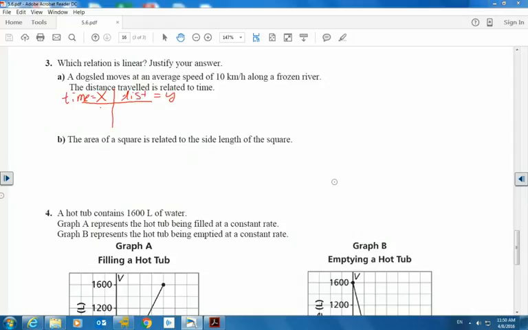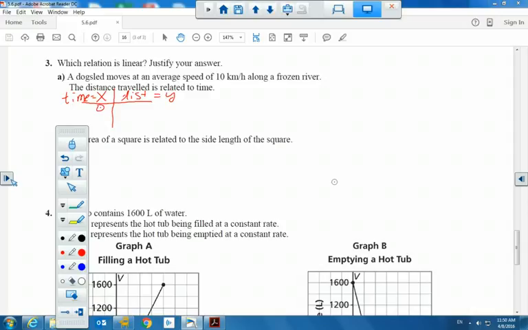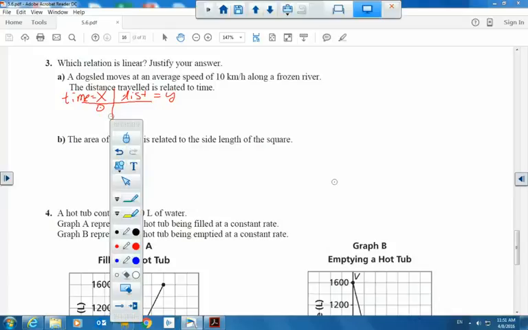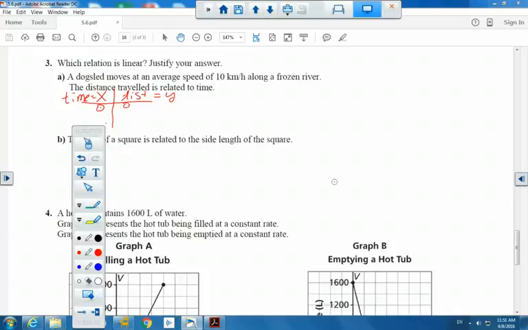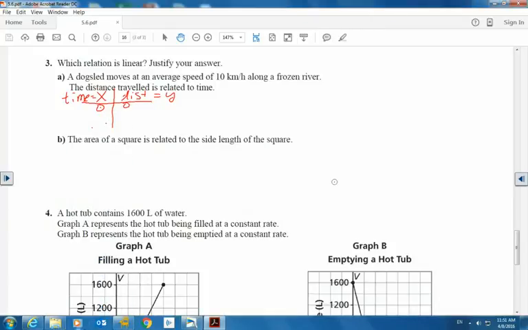All right, so at time 0, how far have we traveled? We've traveled 0. At time equals 1, so after 1 hour, how far have we traveled? 10 kilometers. After 2 hours, how far have we traveled? After 3 hours, how far have we traveled? 30. Okay, so what can you tell me about the relationship here?